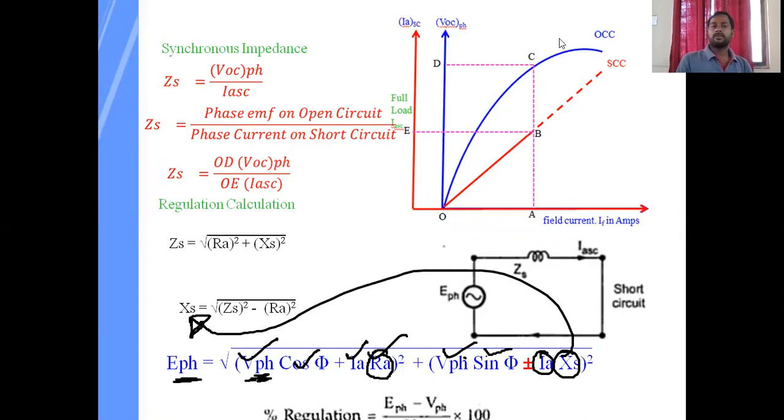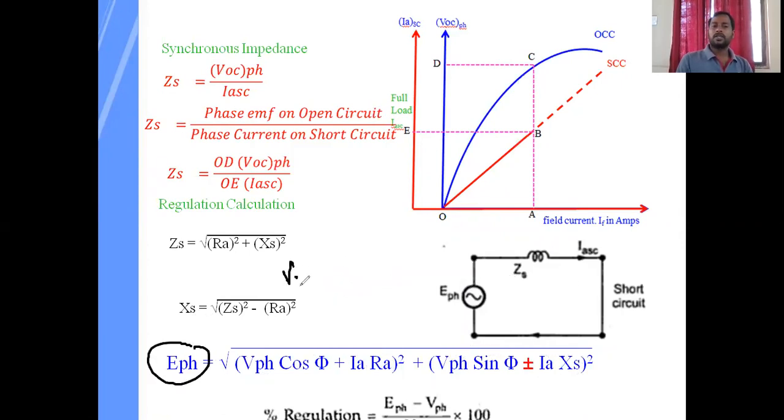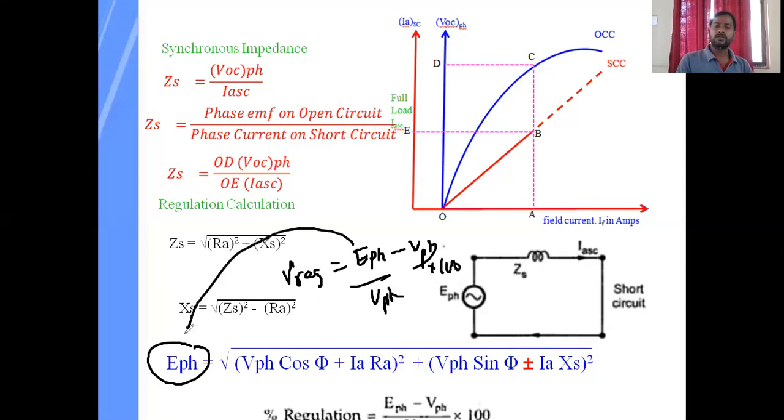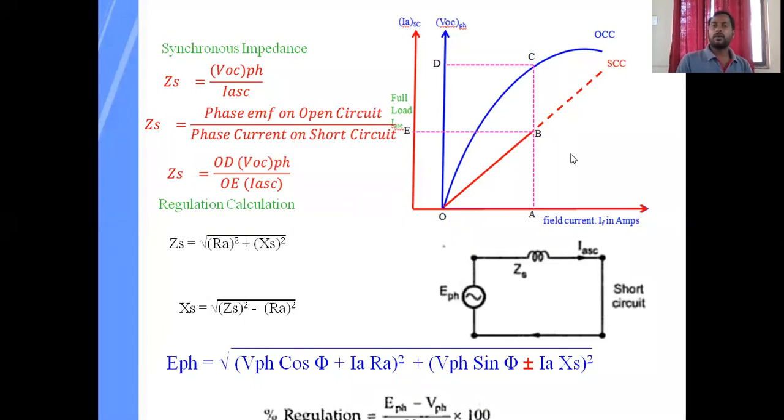So that we found this E phase, and then our voltage regulation is E phase minus V phase by V phase into 100. So E phase from this data, and V phase we already know, so that we can find the voltage regulation. This way we can find the voltage regulation by using the synchronous impedance method.